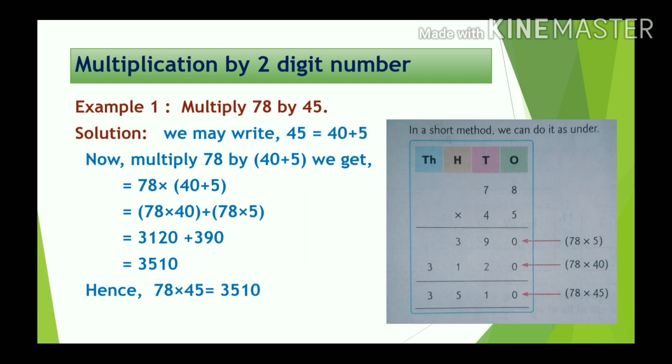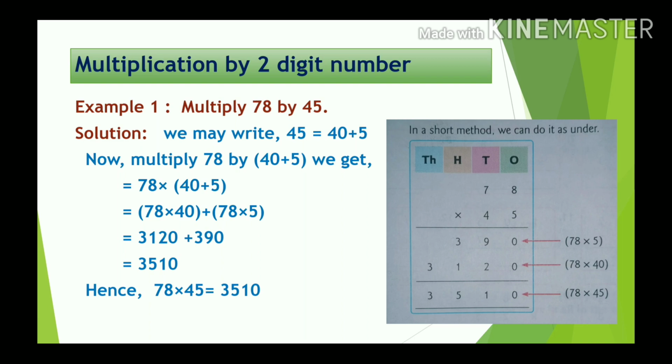So first we have to arrange the numbers under the place value chart. So 78 we have to arrange under ones and tens column. Now we have to multiply by 45. So as we have done in previous multiplications, same we will do here also. So first we have to multiply by 5 ones to the 78.